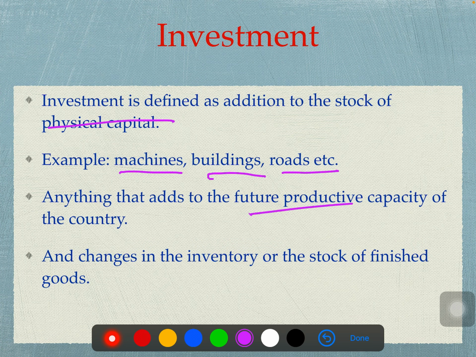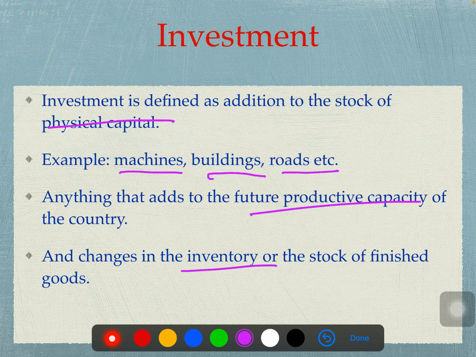And when it comes to the last point, it changes the inventory. What is the meaning of inventory here? In the previous chapters, we already discussed inventory in the second chapter of Macroeconomics, National Income Accounting.